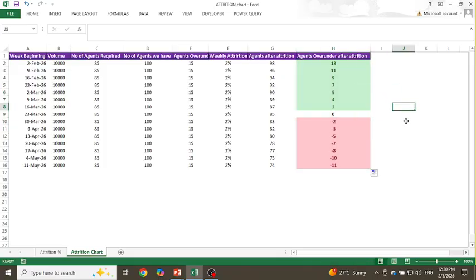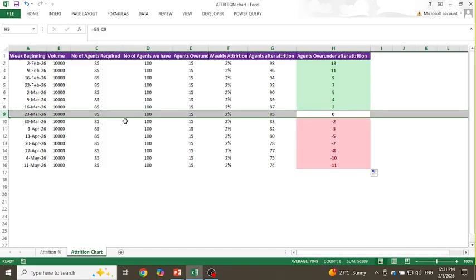Now see, can you see this? We have 13 extra agents, then 11, 9, 7, 6, 5, 4, 0 in this week. You can see on 23rd March we won't have any extra agents, meaning only 85 agents are required and we will have only 85 agents to clear the volume.